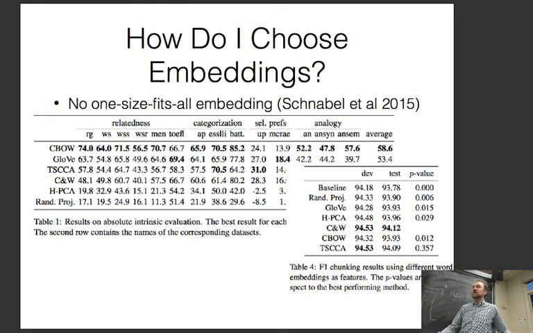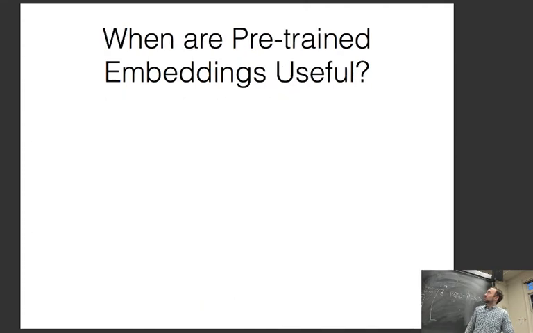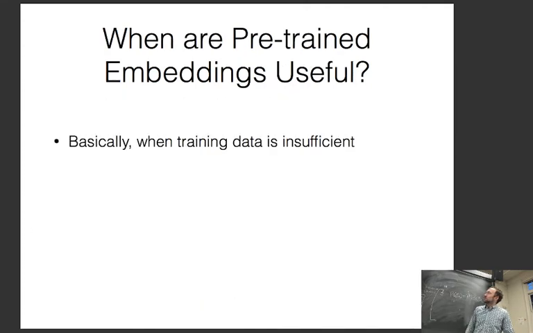That being said, the big ones trained by popular libraries such as GloVe or FastText or Word2Vec are probably pretty good places to start. Another good thing is to follow the previous work that did a similar task as you, because they probably did the same thing, and they probably found the best one.